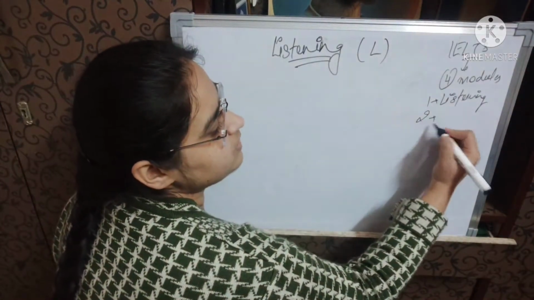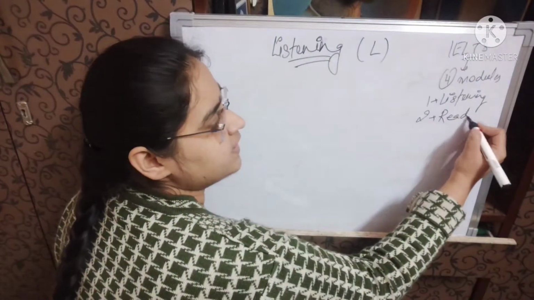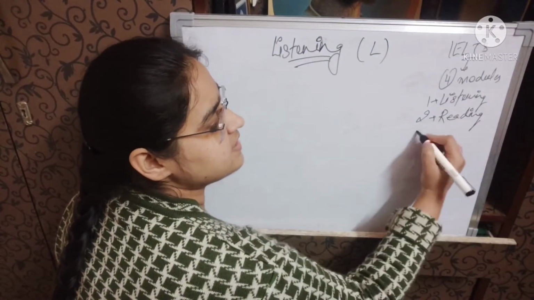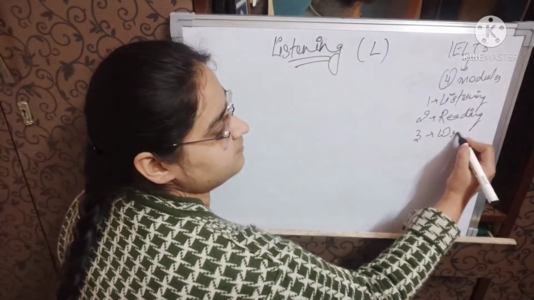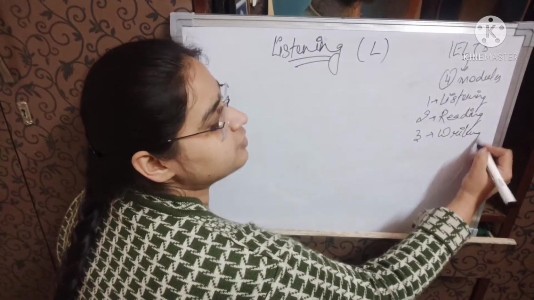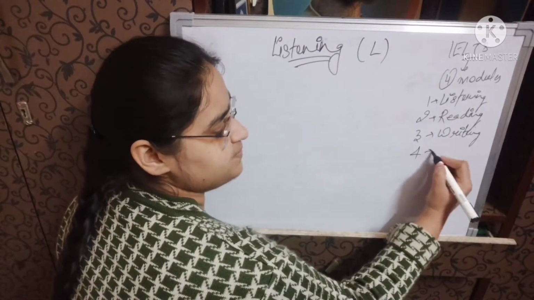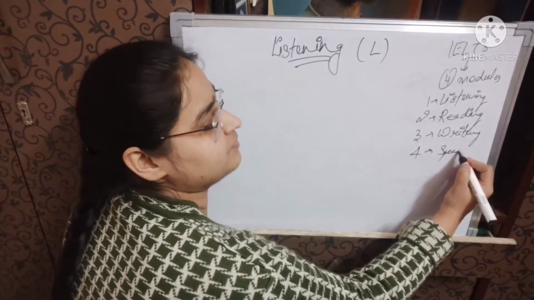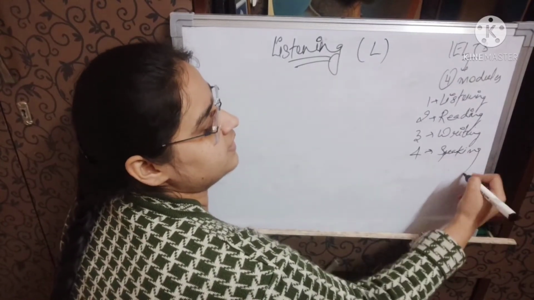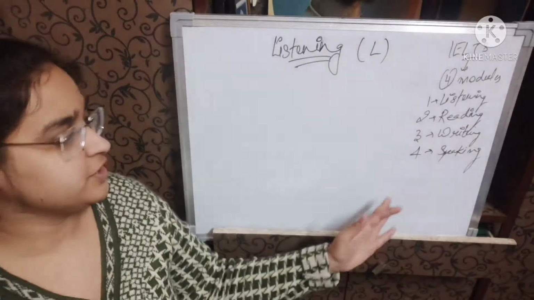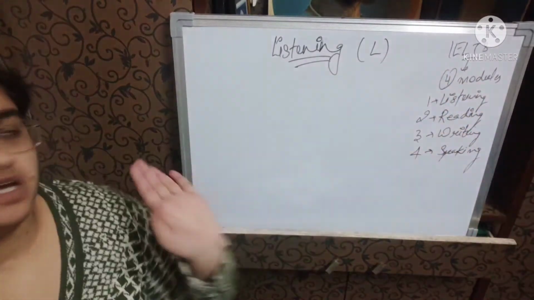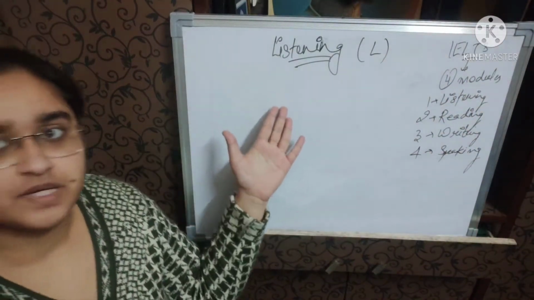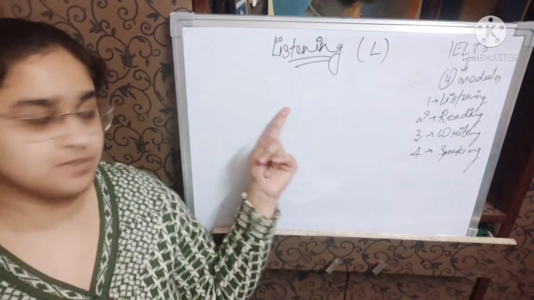The first module is listening, which I will discuss in today's video. The second module is reading. The third is writing. And the fourth module is speaking. So these are the 4 modules that are included in the IELTS. In today's video we discuss the first module, that is listening.